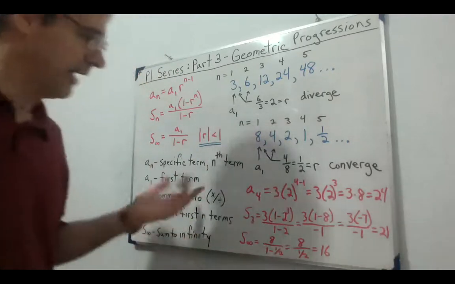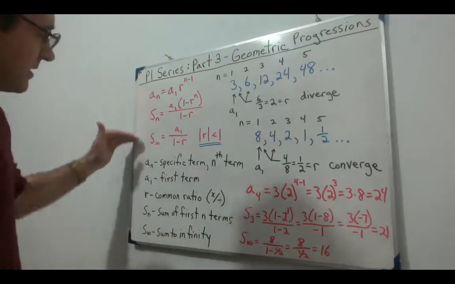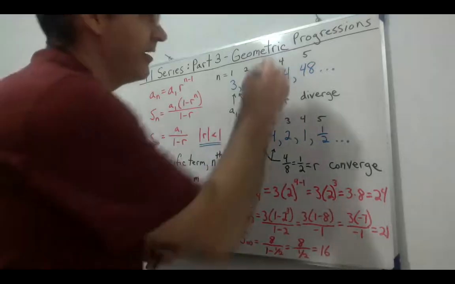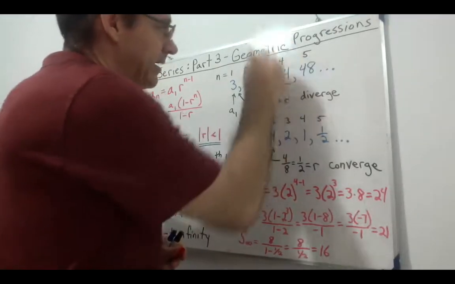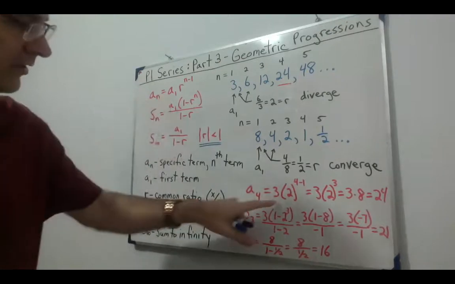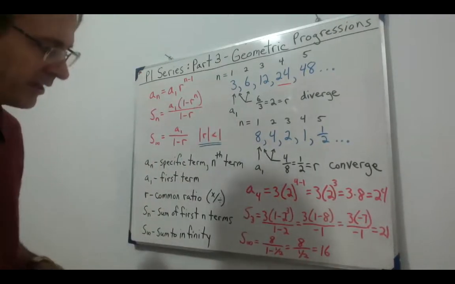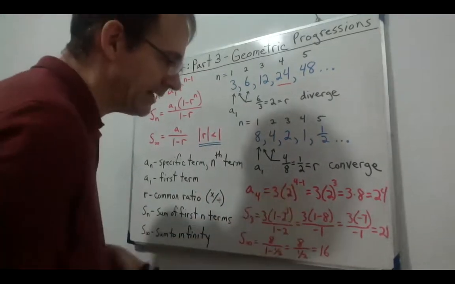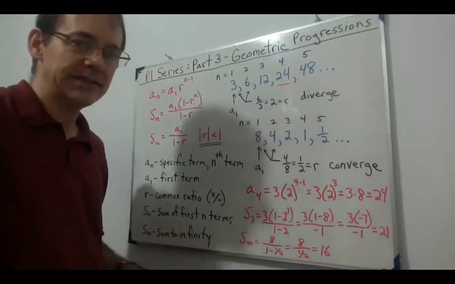Here, let's look at our formulas in action. So if we want to find the fourth term, which we already can see our fourth term is right here, but if we want to find it, we take a subscript 1, that is the first term that we're starting with, and then we take the ratio with n minus 1. Well, why is it n minus 1?